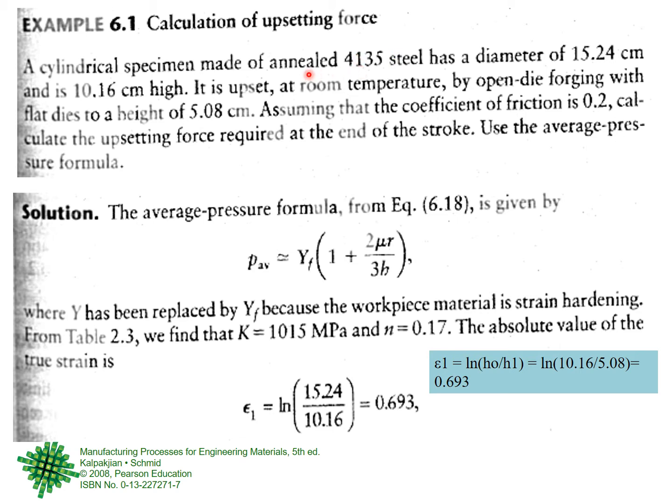So it is in the annealed condition. Find this material in table 2.3 in the book. Please do that so that you are 100% sure that the values are correct. You will see that K is 1015 megapascal and small n is 0.17, and the equation is Y or sigma is equal to K epsilon to the n. Remember, right?